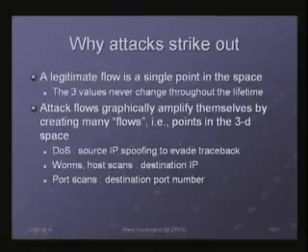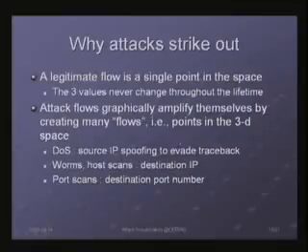Another question is, there were so many attacks in the trace, but why do they stand out? There is so much legitimate ambient traffic there. What is the reason that the attacks manifest themselves like that? Well, the reason is this: in that space, legitimate flows appear as a single dot. Think about their coordinates.